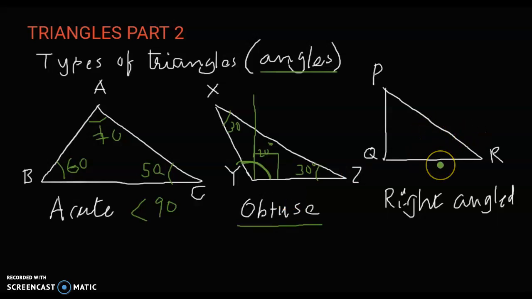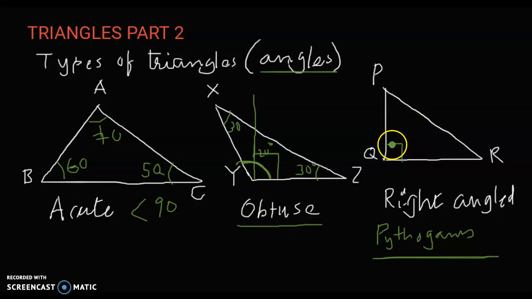Now the third one is a right angle triangle where one angle is 90. This is an important triangle. From this we'll have another method of calculating called Pythagoras.